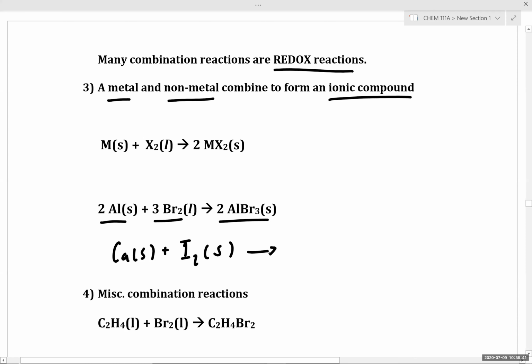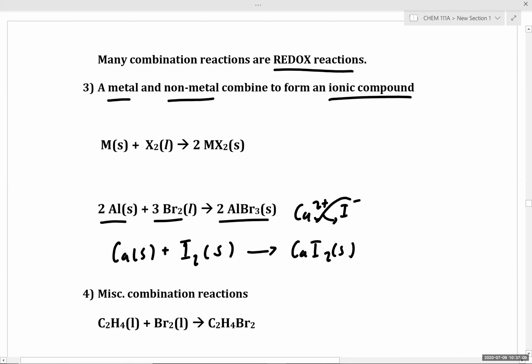What product will we get from this combination reaction? And then just remember to balance your charges. So we have calcium 2 plus, I minus, we cross our charges. That gives us calcium iodide solid.